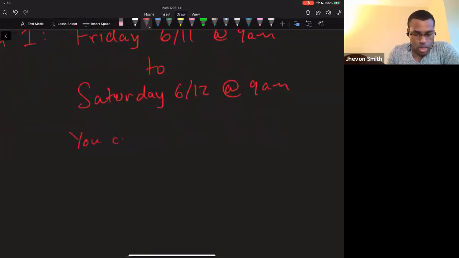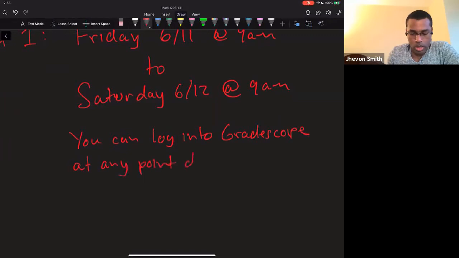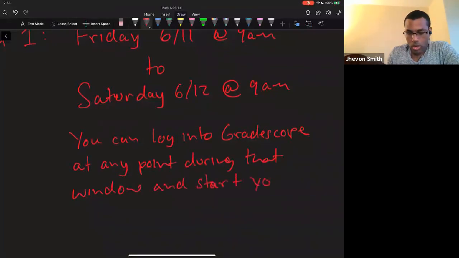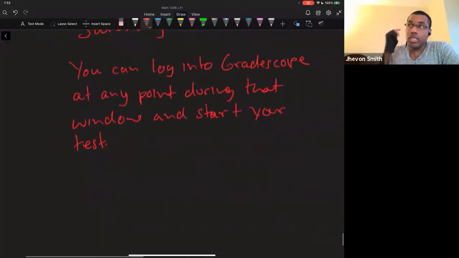You can log into Gradescope at any point during that window and start your test. The test itself will not be the whole time.